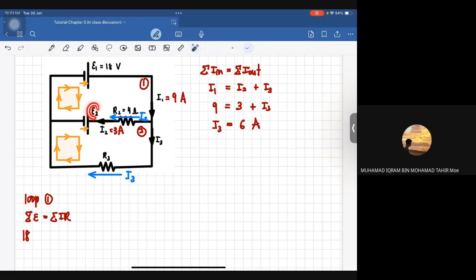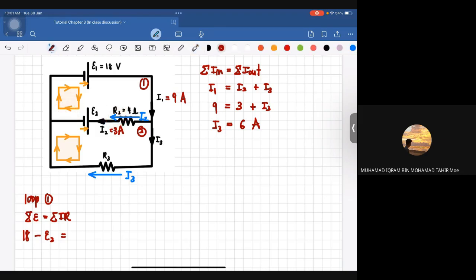And then for the second loop here, the direction of EMF is going against the direction of loop. So dia akan jadi negatif. Negatif berapa? Tidak tahu sebab dia unknown. So yang di sini kita ada berapa resistor? Kita ada 1 je. Which is this one here. And is it following the direction of loop? Yes, it is following the direction of loop.